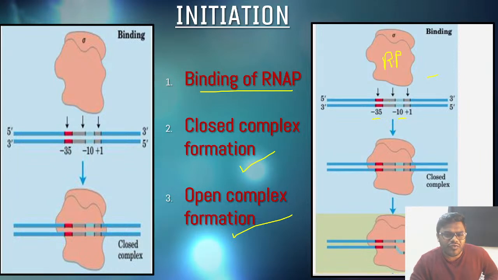And I want every one of you to understand one very important point: RNA polymerase enzyme, with the help of sigma factor, is first associated with the -35 region.